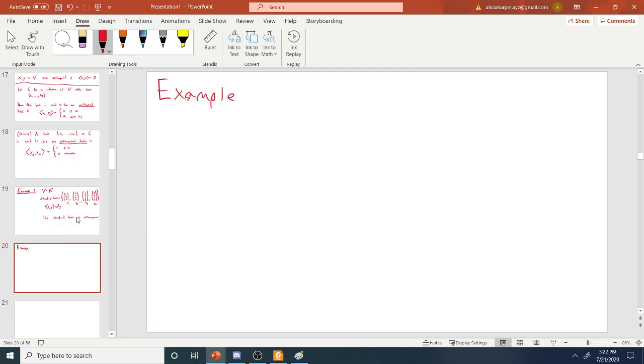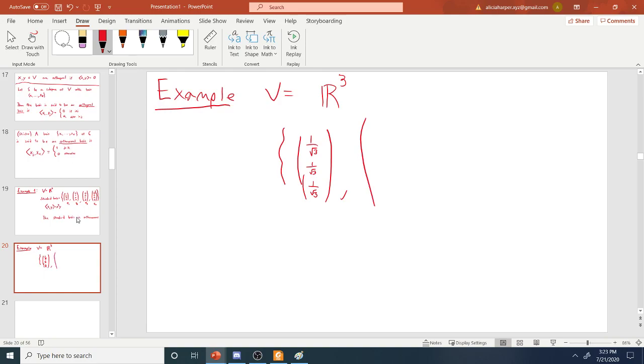So here will be our second example. We're going to set V to be R3, and I'm going to look at the following basis. My first vector is going to be 1 divided by the square root of 3, 1 divided by the square root of 3, and 1 divided by the square root of 3. My second vector is going to be 0, negative 1 divided by the square root of 2, 1 divided by the square root of 2.